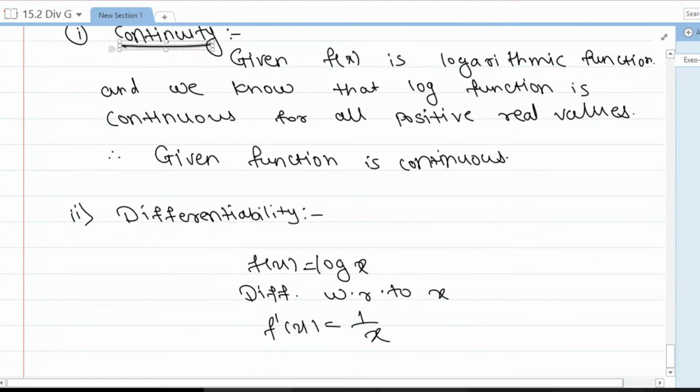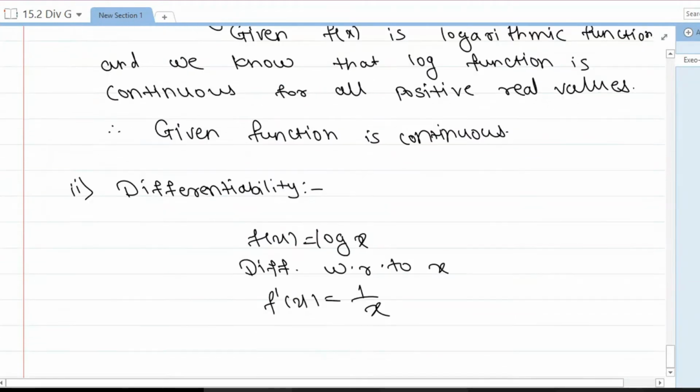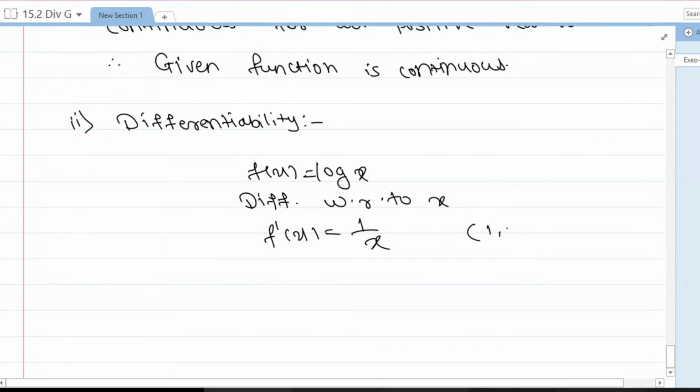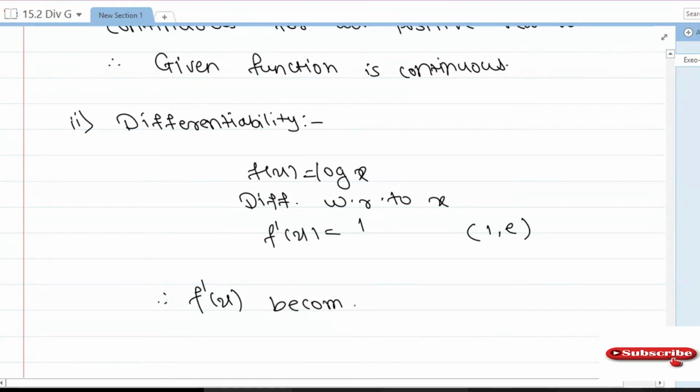So check whether any value present in our given region 1 comma e, where this f dash of x becomes infinite. This becomes infinity only for x equal to 0, and that x equal to 0 does not belong to our given interval.